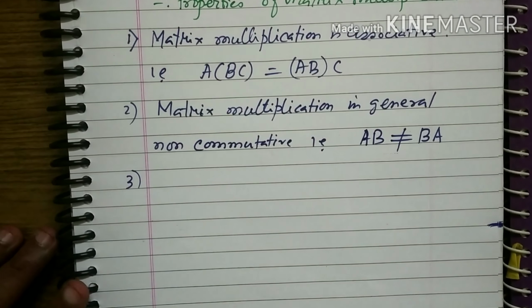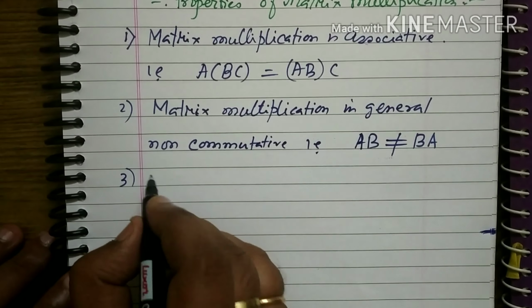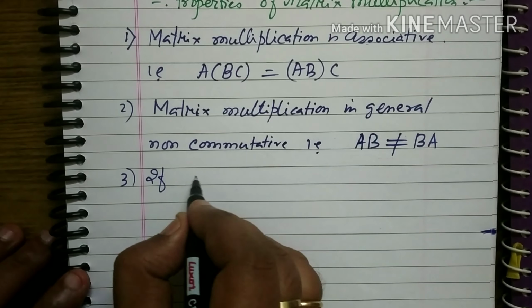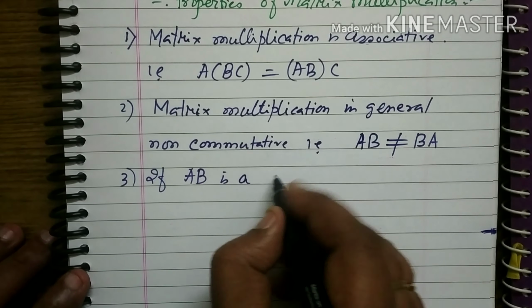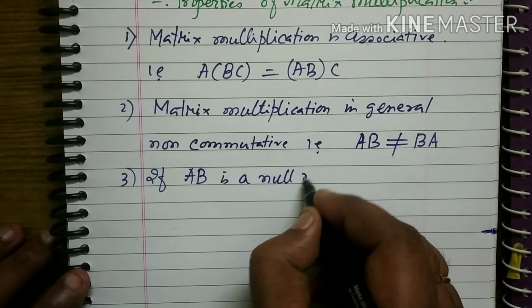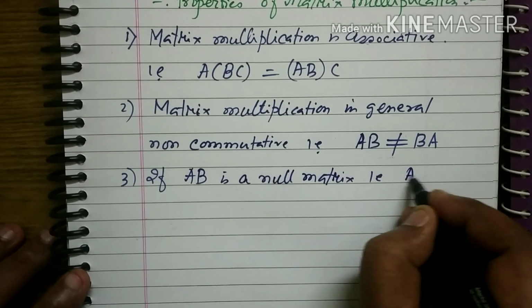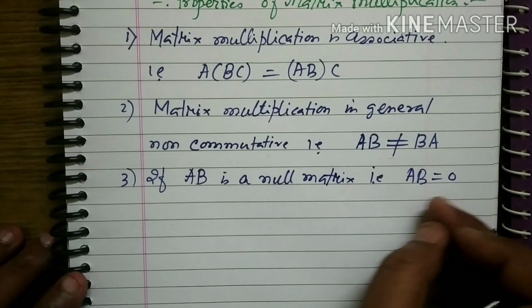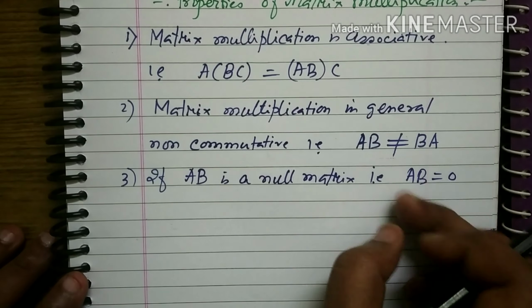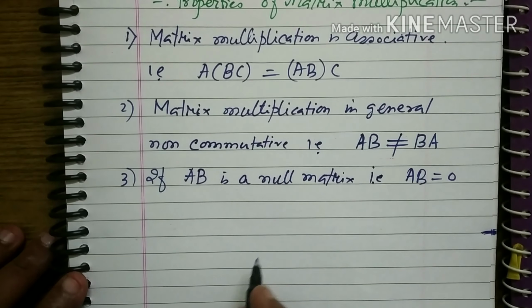Number 3, another important property. If AB is a null matrix, that is AB is equal to 0. Suppose after multiplication you have a situation where the product is equal to a null matrix.